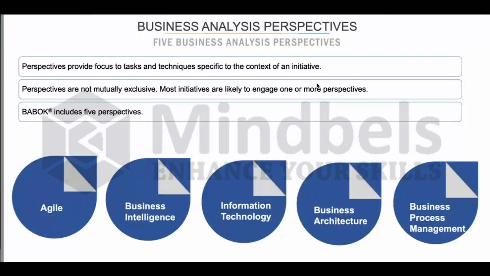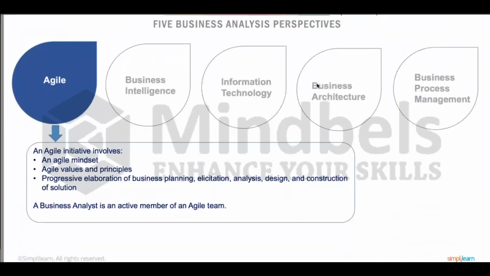Now, when we say all of these, agile, BI, IT, BA, BPM, what are those? Agile means that a business analyst should be an active person who has knowledge about agile technologies, agile methods, Scrum.